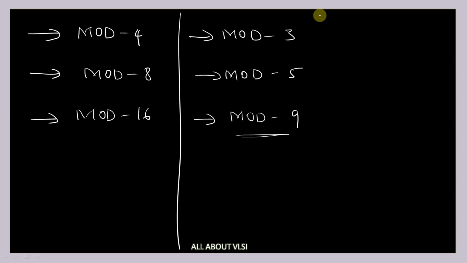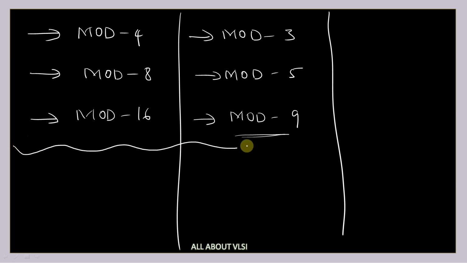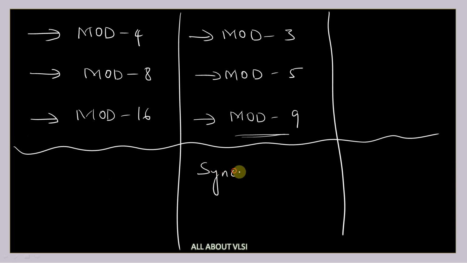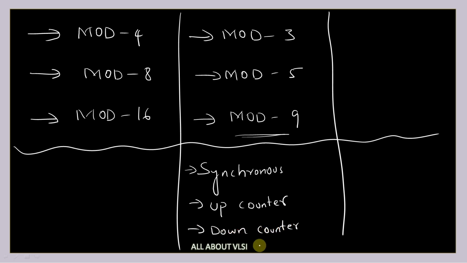First of all, all these counters which we are going to develop are synchronous counters. We will discuss the synchronous up counter, synchronous down counter, and up-down counter. Let us try to write all the codes for these.